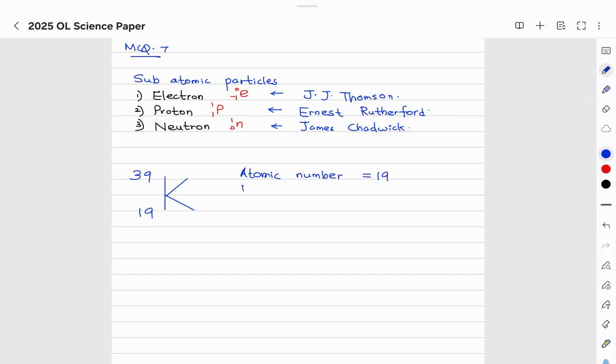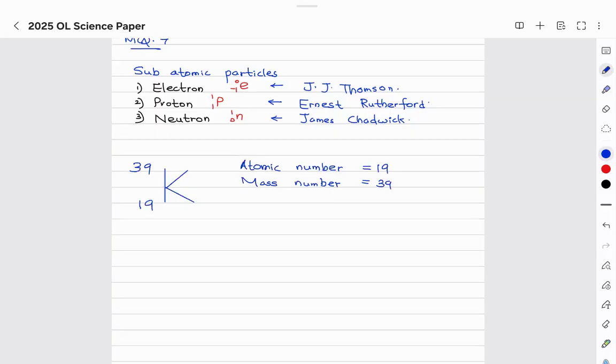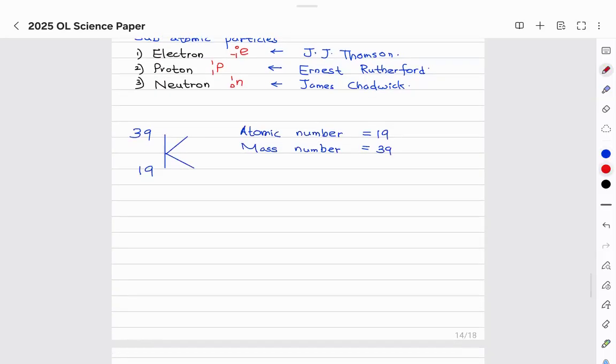And what is the mass number? Mass number is 39. And you know what is meant by the atomic number? Atomic number is representing the number of protons in an element.